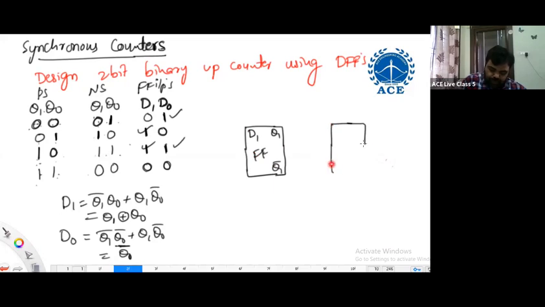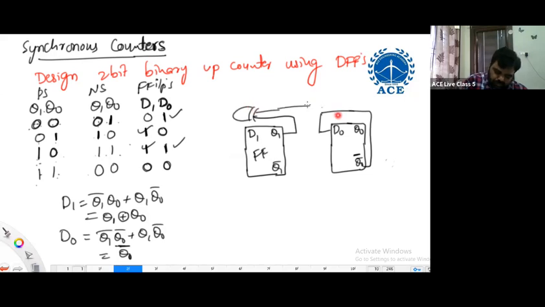The counter has D0, Q0, Q0 bar. So D0 is connected to Q0 bar. D1 is connected to Q1 XOR Q0, and this is an XOR gate.